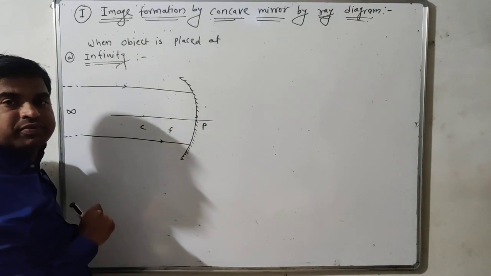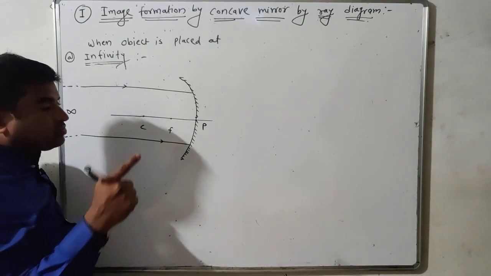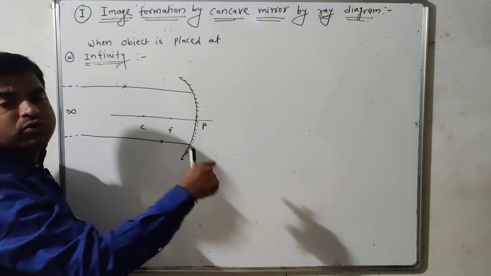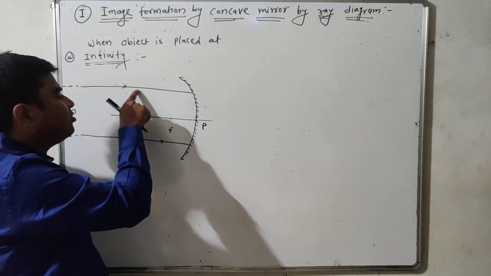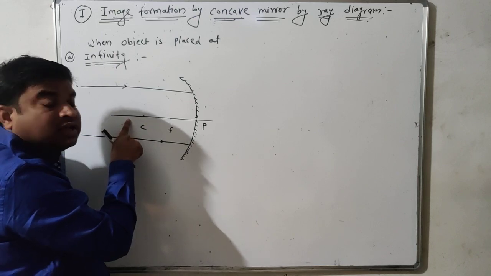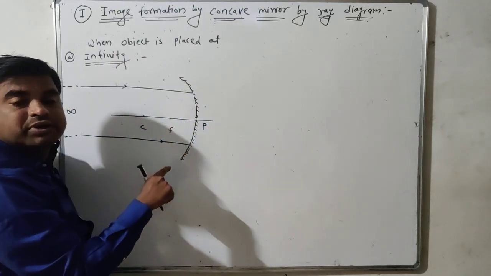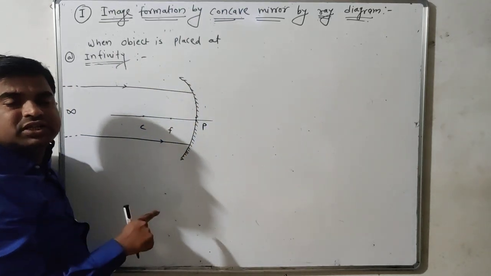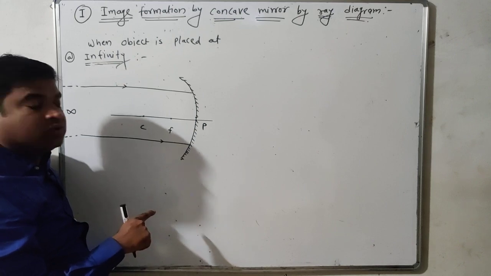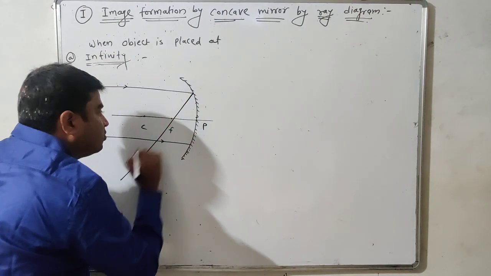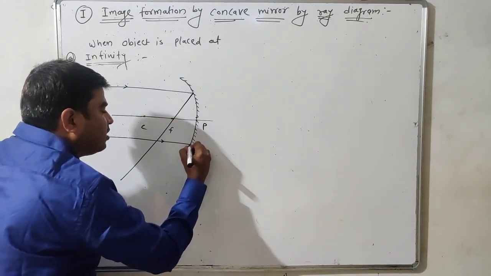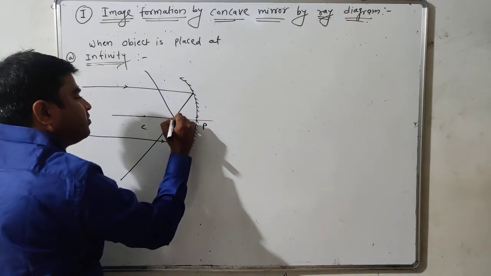What happens? Using the rules to draw a ray diagram, you know that whenever a ray of light is parallel to the principal axis and it is incident on a concave spherical mirror, after reflection it will pass through focus. Therefore, after reflection it will pass through what? This focus like this. This will again pass through the focus like this.